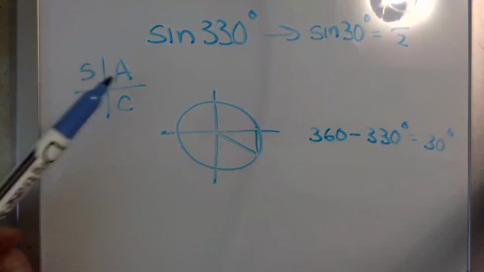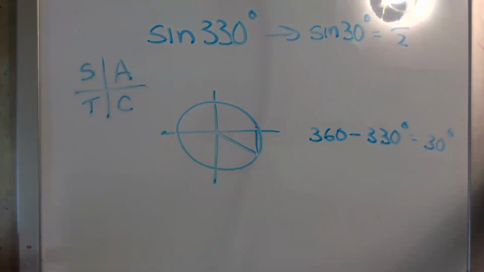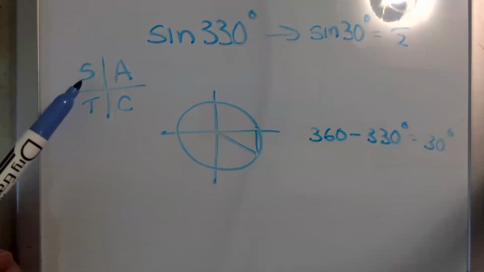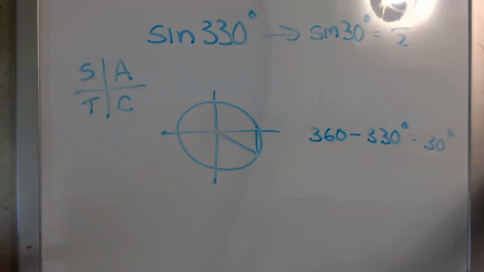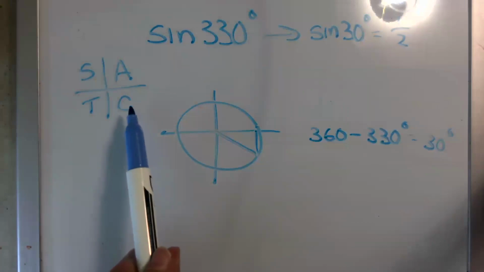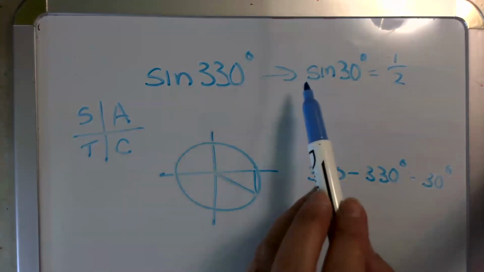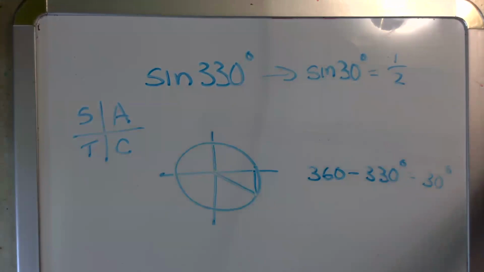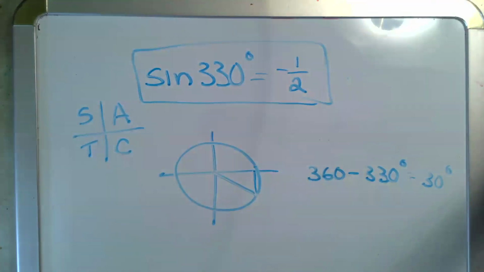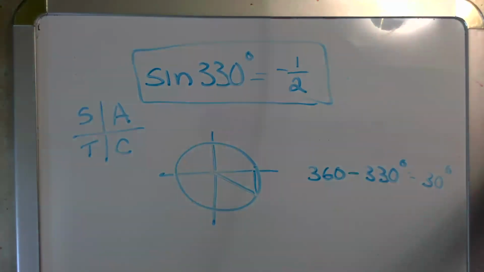In the first quadrant, all functions are positive. In the second quadrant, sine is positive. In the third, tangent is positive. In the fourth, cosine is positive. So, is sine positive in the fourth quadrant? It is not. So, while sine of 30 degrees is 1/2, sine of 330 degrees is -1/2.